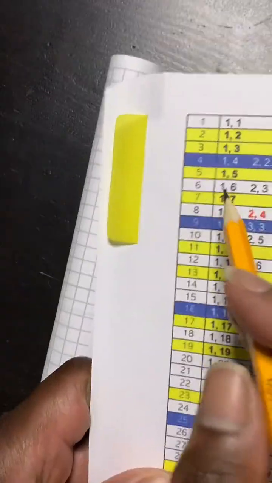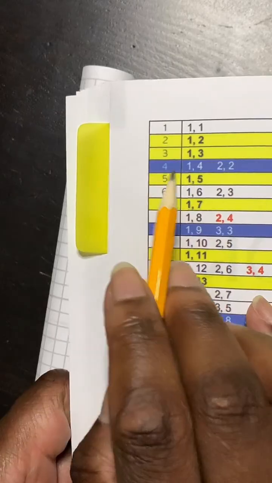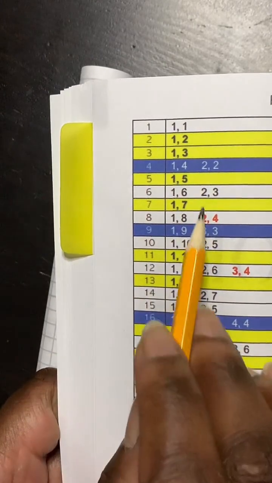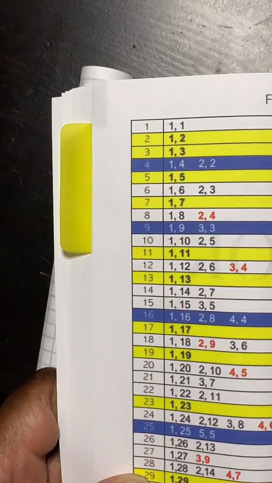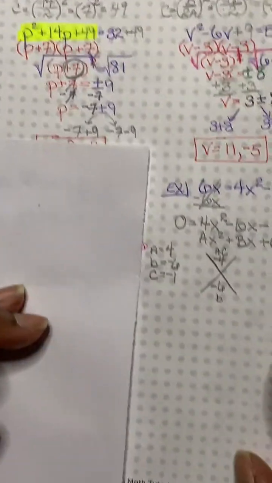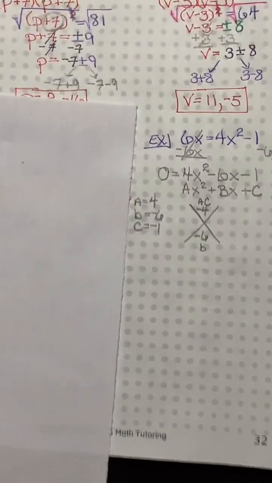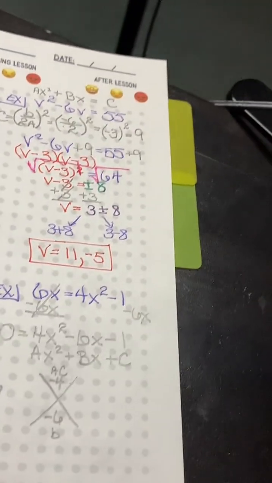All right? So, if I take a look, multiples of 4 is 1 and 4, 2 and 2. All right? Hold on. Here comes the TikTok slide. I feel like it's a dance every time. Slide to the left. Slide to the right.